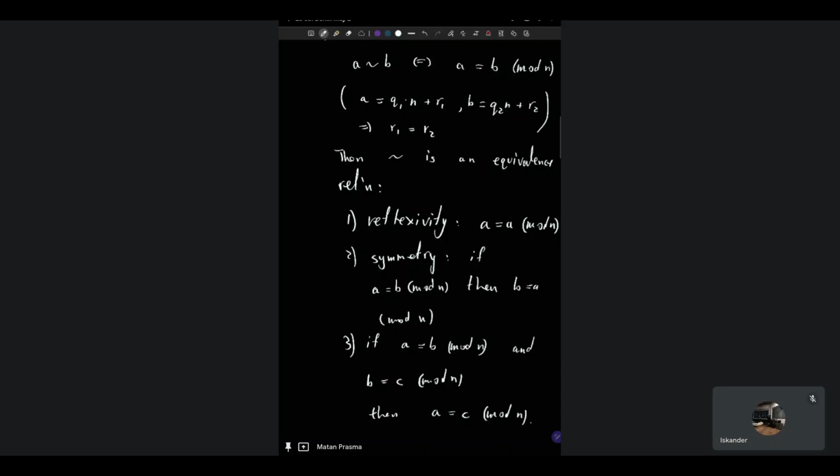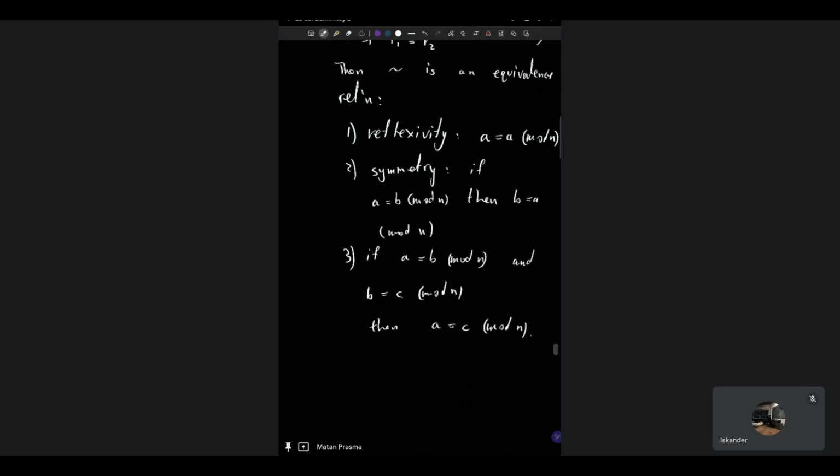Okay, so now that we have this notion of equivalence relation, we would like to do the gluing procedure. And for this, we do a construction as follows.